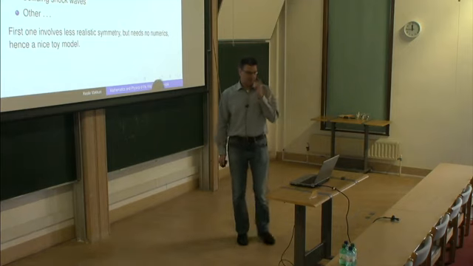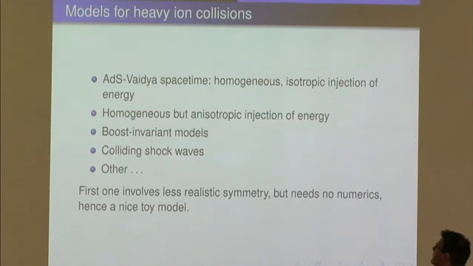Okay, so there are different models for heavy ion collisions. The one that I will be focusing on is the dual geometry, the so-called AdS-Vaidya spacetime. In field theory, it describes basically starting out in a vacuum and then injecting energy in a homogeneous and isotropic way. I will discuss that in more detail. But there are lots of other studies where you consider anisotropic injection of energy, like for instance by Chesler and Yaffe.